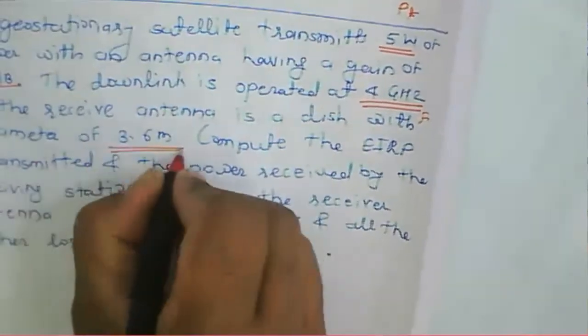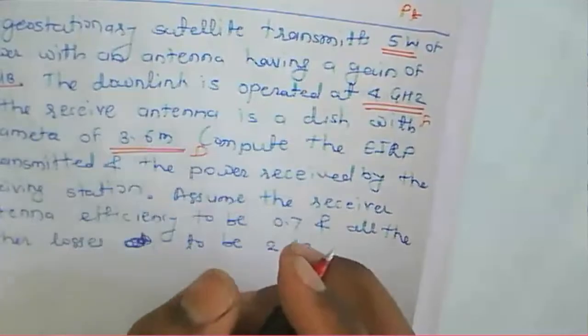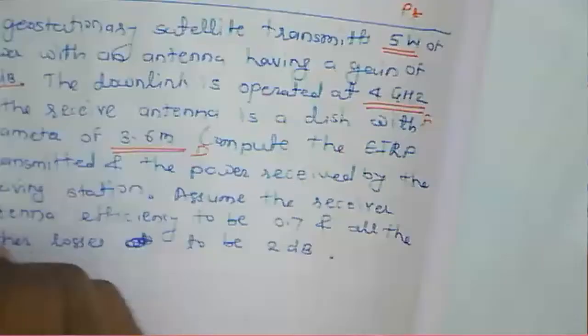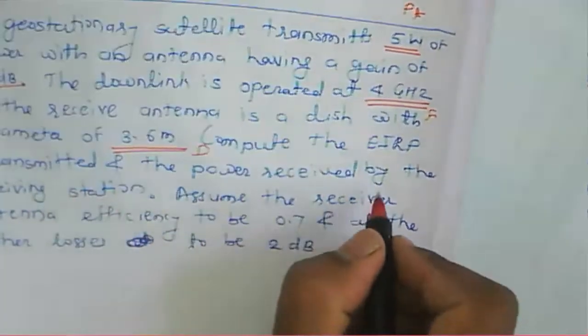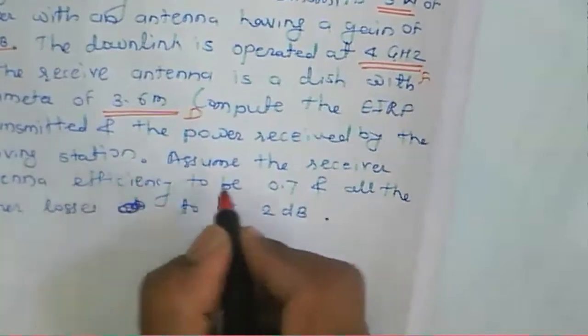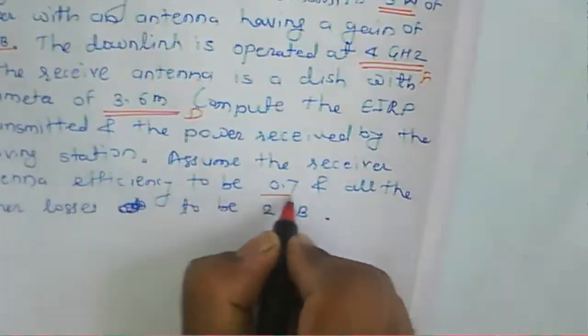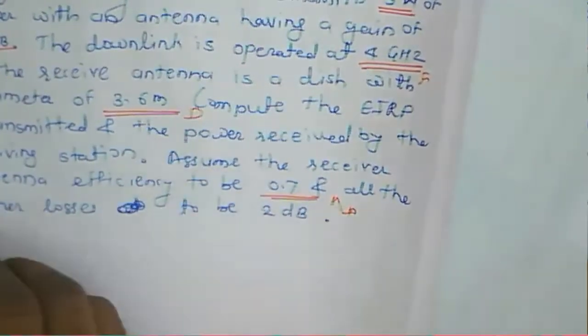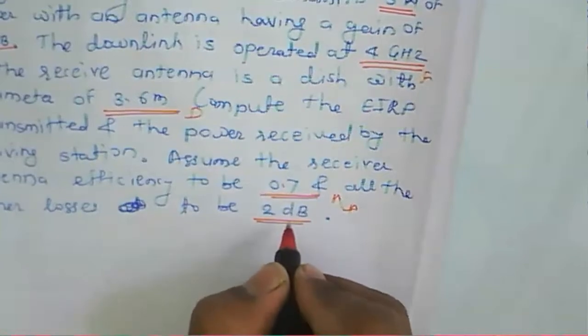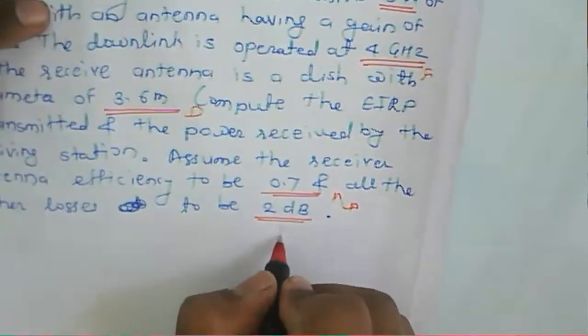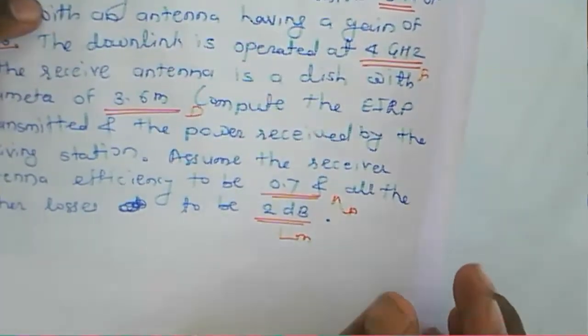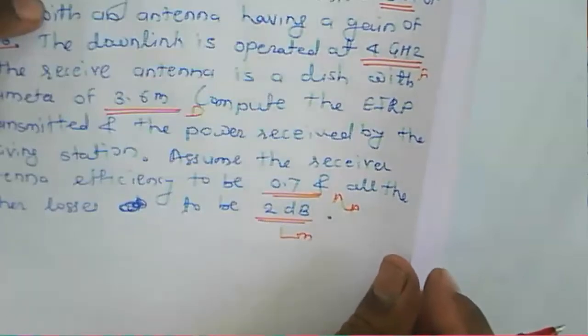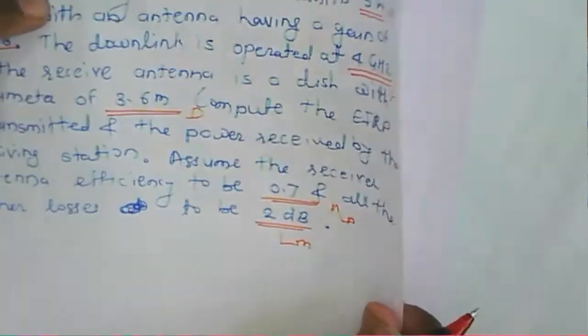And dish diameter will be 3.6 meter, and the power received by the receiving station. Assume the receiver antenna efficiency, that is eta A, is given, and other losses, that is nothing but a system loss, or you can say system loss margin, that is given as 2 dB.